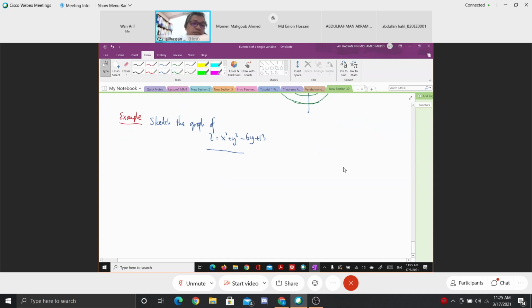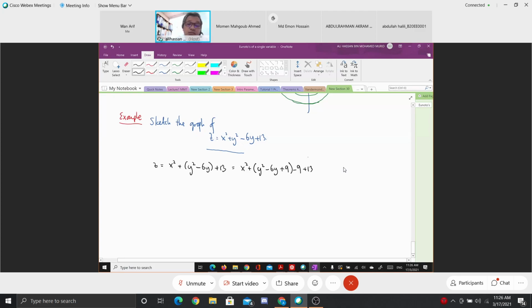So sometimes it is helpful to complete the square. We have x squared plus y squared minus 6y plus 13. If we complete the square in y, we have y squared minus 6y. What do we add and subtract here? 9, isn't it? We add 9 and then minus 9, minus 9 plus 13.